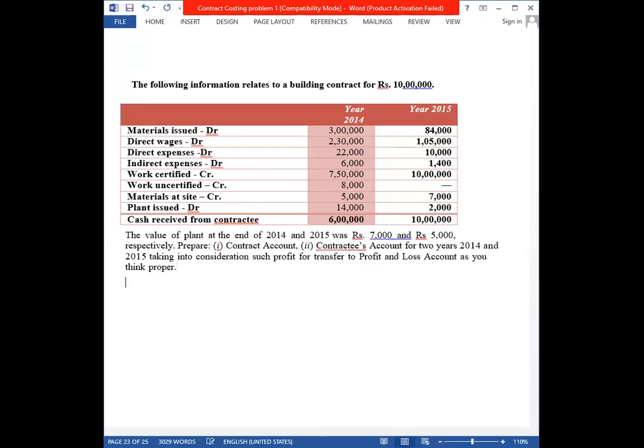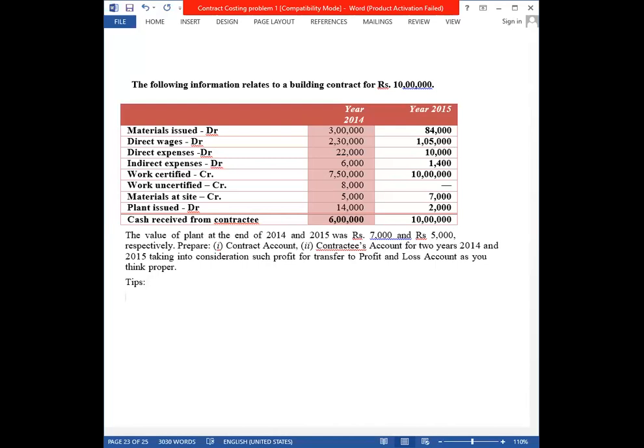Before going to that, there are some tips you have to note down when preparing the contract account. Usually for the first year, you know very well how to make the account. But when it goes to 2015, that means the next year, a few things you have to transfer from the previous year to the next year.